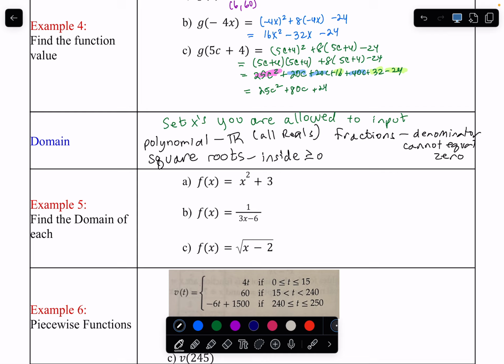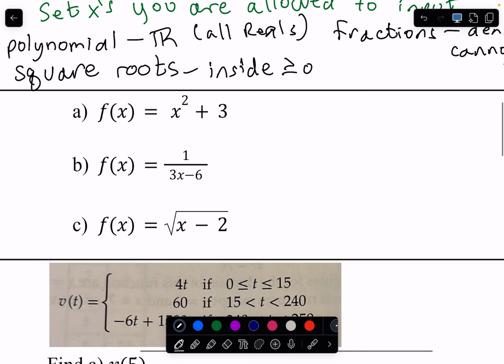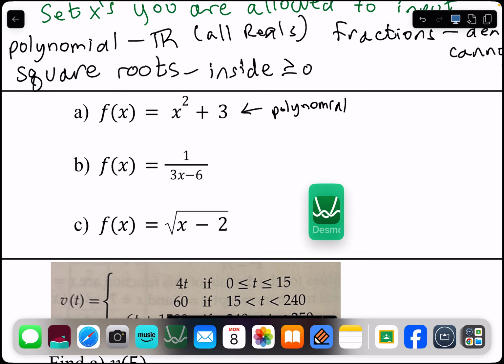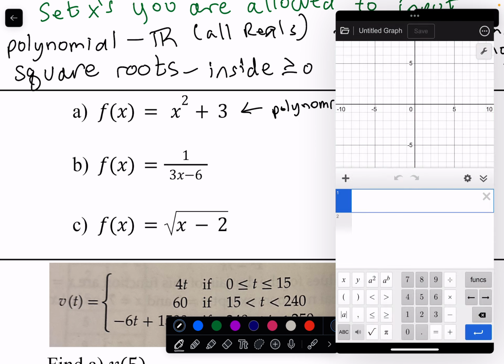So keeping that in mind, let's jump to example 5, where we find the domain, okay? Our first one here is a polynomial. If you guys go into your Chromebook, and if mine loads, there we go, and if you type in f of x equals x squared plus 3, or remember that's the same as y equals x squared plus 3.